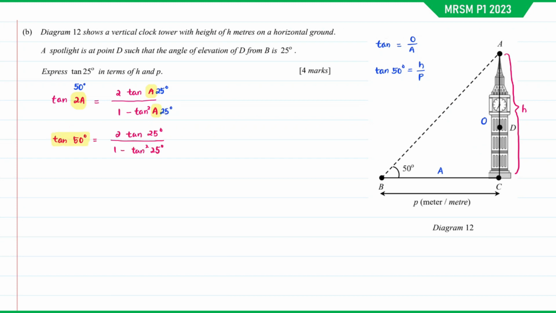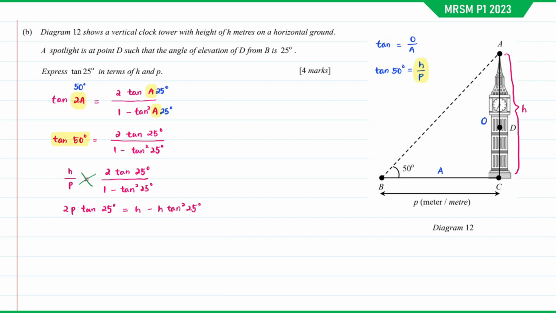Next, we can substitute tan 50 degrees here with h over p. Then we're going to do cross multiplication. So p times 2 tan 25 degrees is 2p tan 25 degrees, equal to h minus h tan²25 degrees.